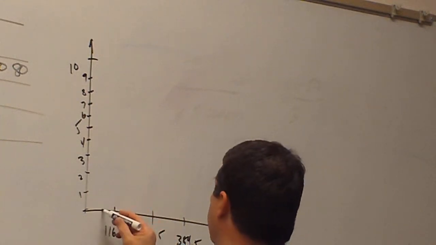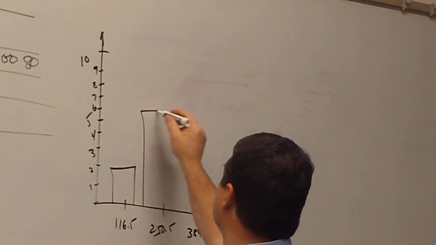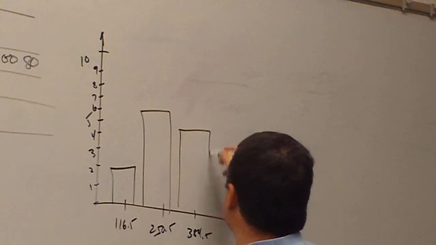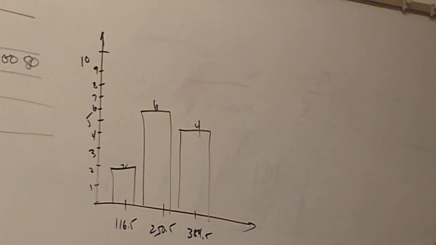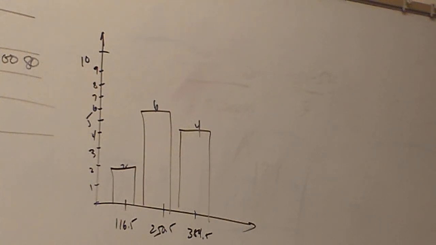So the first one I have 2, the next one I have 6, the next one I have 4. Make sure you get those numbers up. There's our relative frequency diagram. See those okay? Let's see how you do.